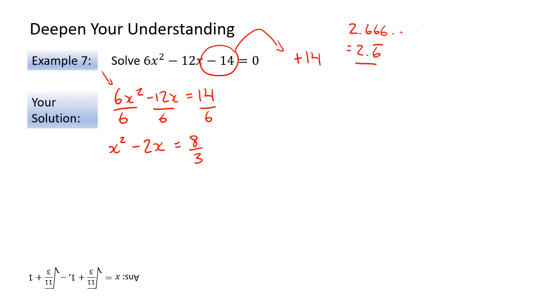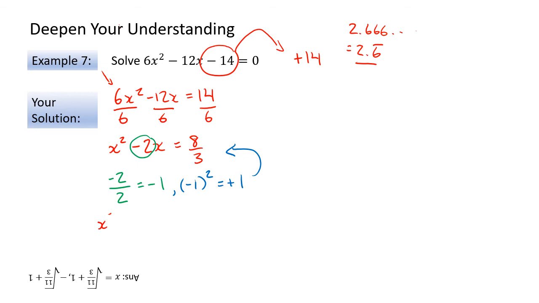So now I'm going to follow the exact same steps. We focus on the coefficient behind the x term, and we take that coefficient, negative 2, and divide it in half, so divide it by 2, and that gives us negative 1. Then we take that term, negative 1, and square it, and that gives us positive 1. We add that value in on both sides of this equation.